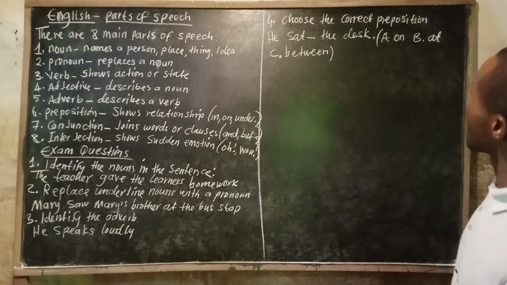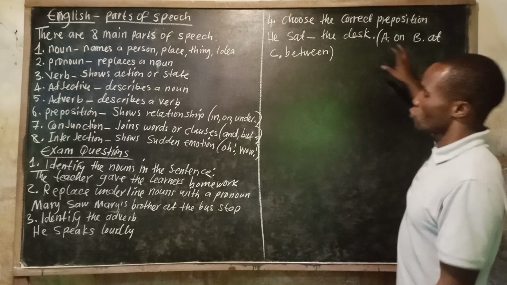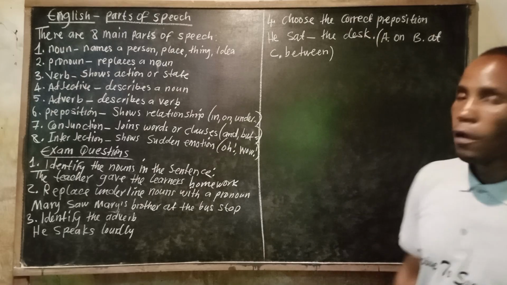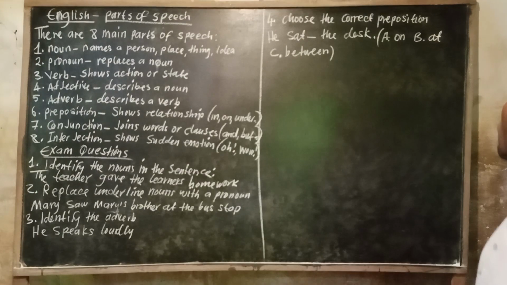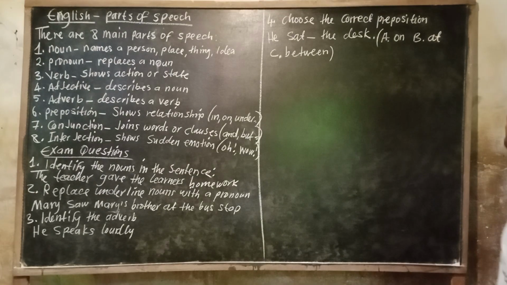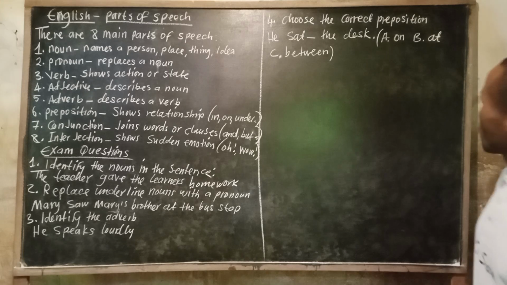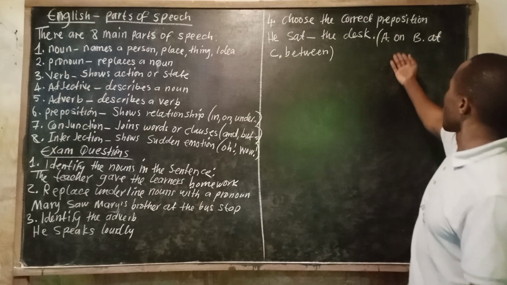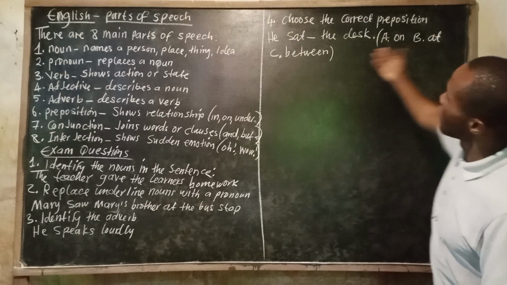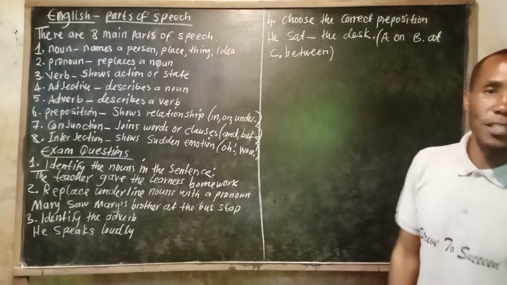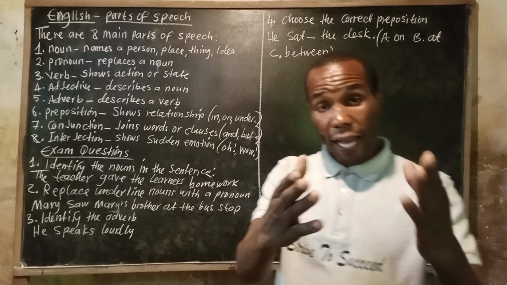Then we go to 4. Choose the correct preposition. The sentence says, he sat dash the desk. Which one are we supposed to put? A, on. B, at. C, between. I leave it to you.